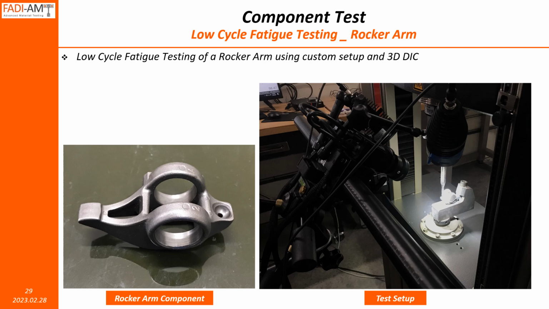It is a rocker arm of an engine, and I was given this component to do some low cycle fatigue testing on it. I had to develop an apparatus and take the sample from 0 to 10 kilonewton for countless cycles and see when it breaks. This was the setup shown in the image.